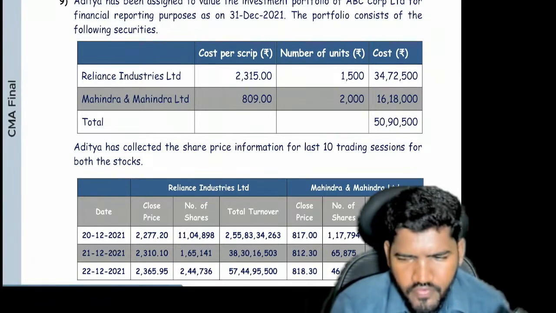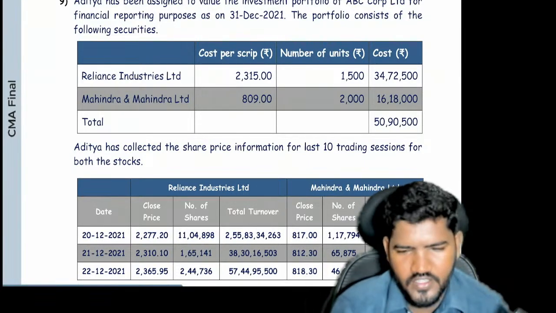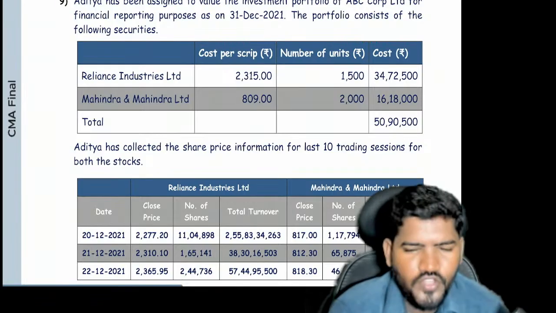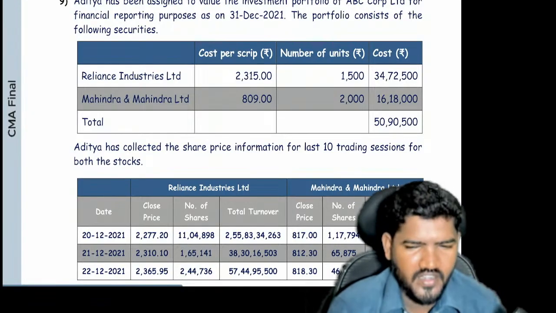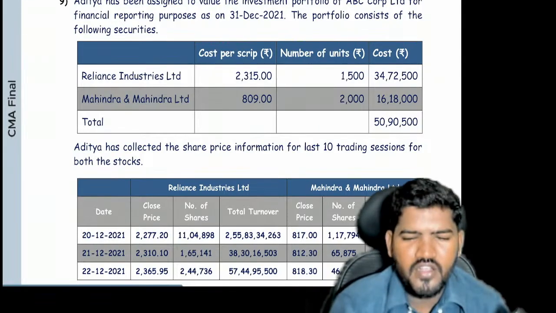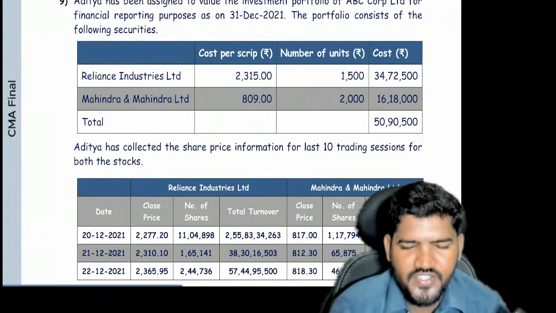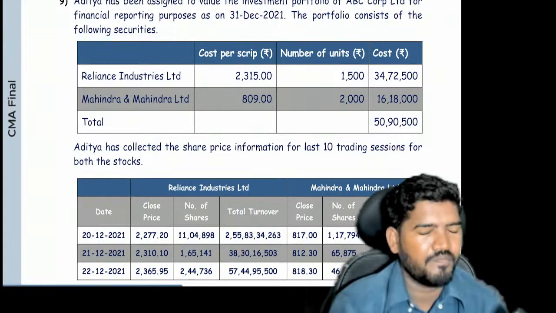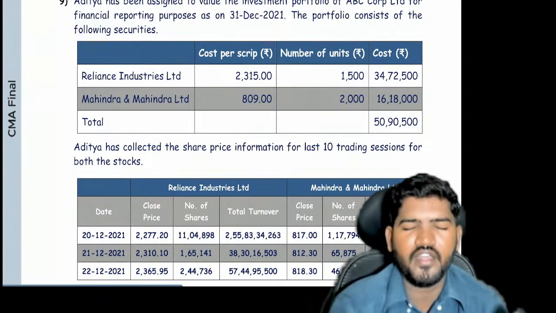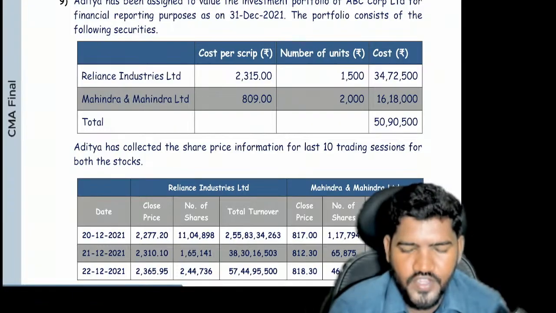After recovery from the pandemic, the share prices increase without any issues. Because of that kind of issues, we can't use the closing market price as a valuation principle.